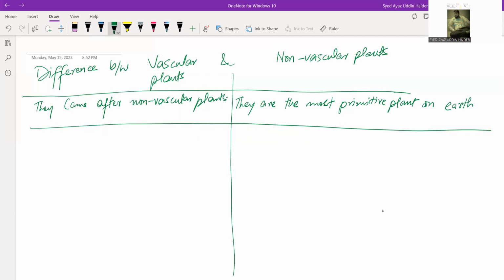Primitive means very old. Vascular plants contain vessels or tubes, which means they have vascular tissues which transport food and water.